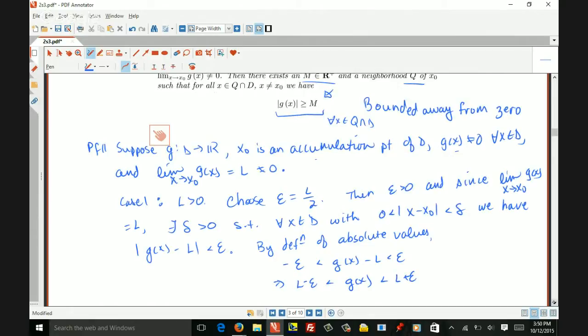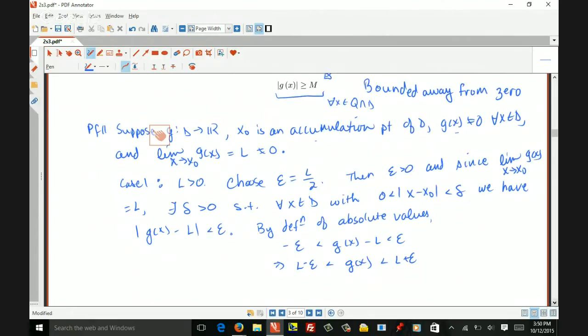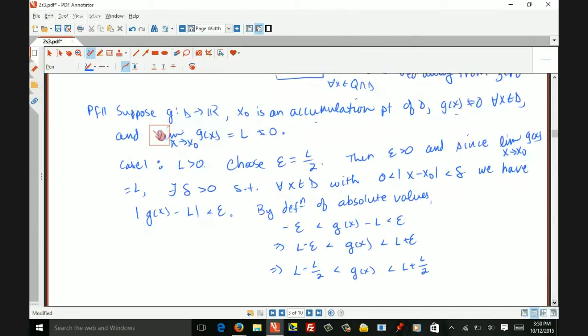But what was our epsilon chosen to be? L over 2. So L minus L over 2 is less than g of x is less than L plus L over 2. L is positive. So tell me about L minus L over 2. It's L over 2. And then that would be 3L over 2.